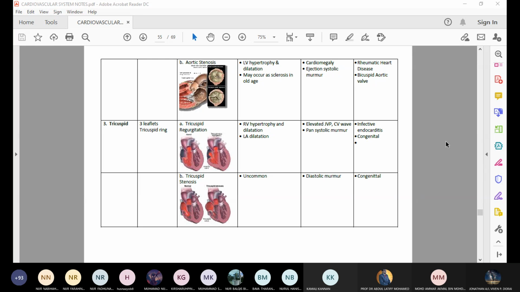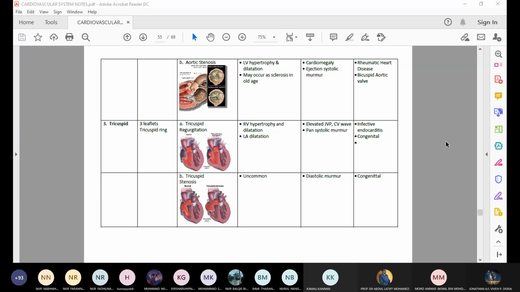But the rest of the heart is protected because the mitral valve is functioning well. It protects the left atrium. It will protect the pulmonary system. No pulmonary hypertension, no right heart failure, no increase in JVP, no hepatomegaly, no ascites, and no edema.